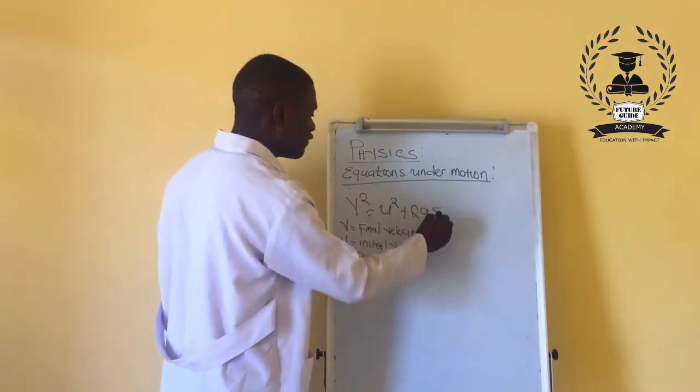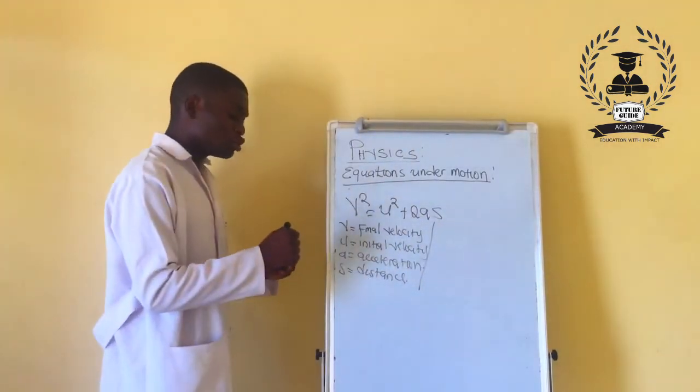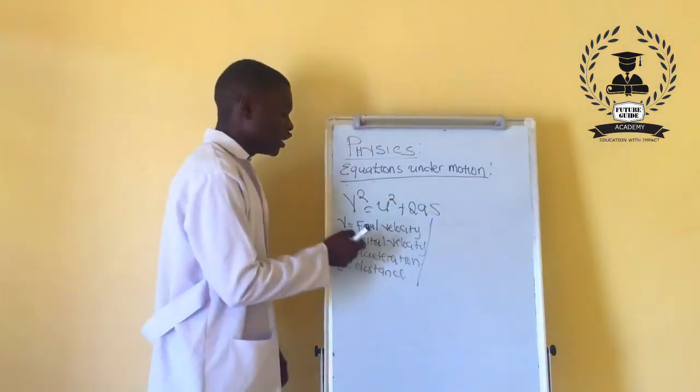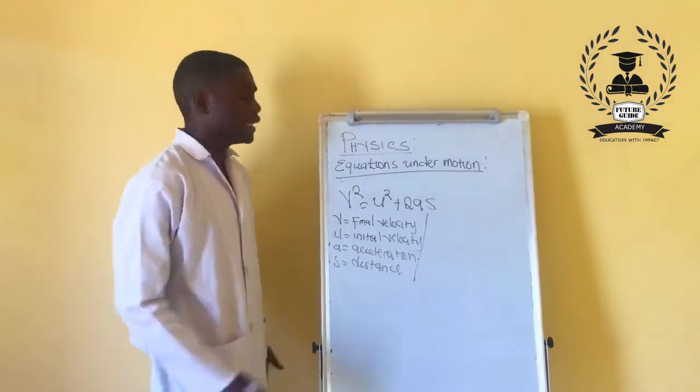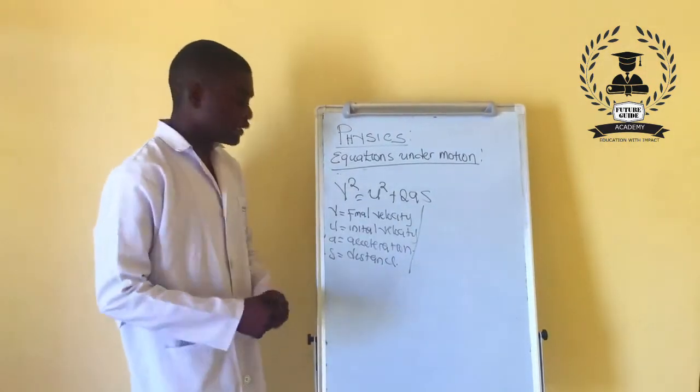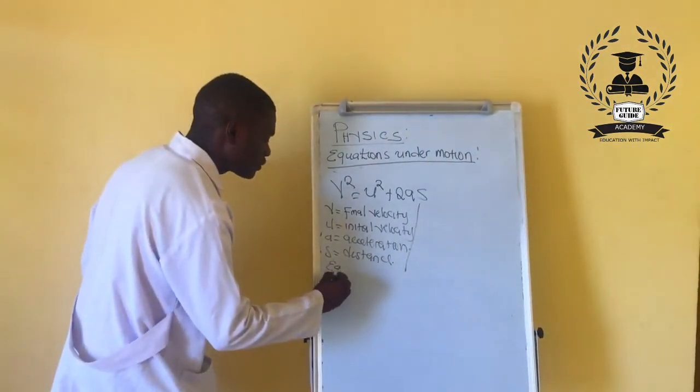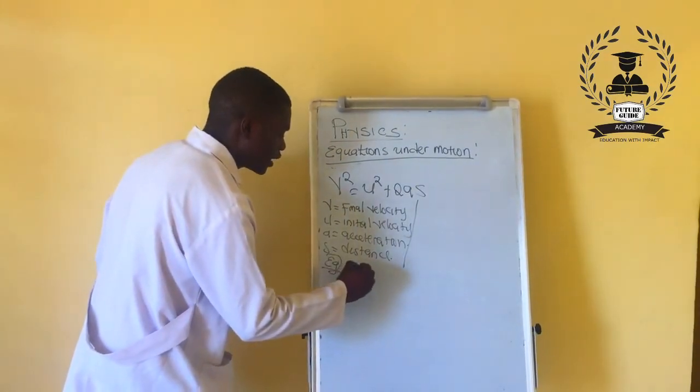So if you have been given distance but you do not have time, you can use this formula to find velocity.